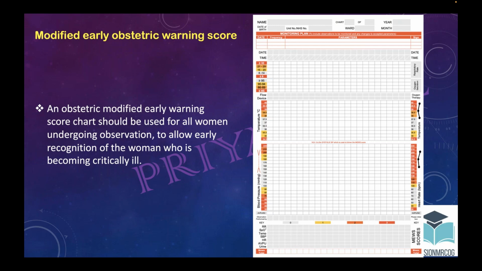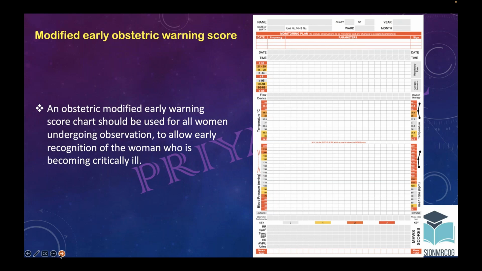So we are doing two subjects. When we are doing obstetric patients, we use this, and when we are dealing with gynecology patients, we use the NEWS chart. And I'll be explaining both in a simple way, as it is required for your exams.